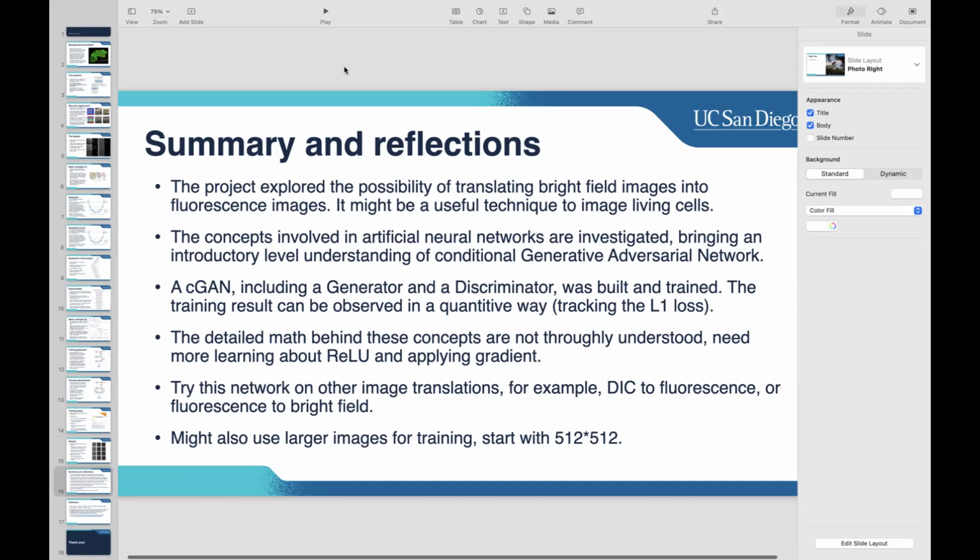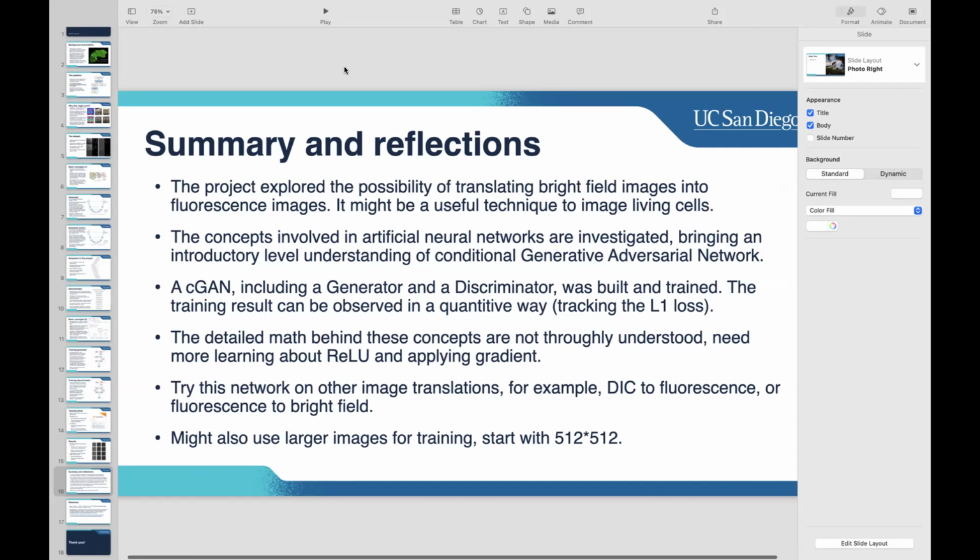And the detailed math behind these concepts are not thoroughly understood, especially for the applying gradient part. Actually, it took me some time to even understand what a gradient is.